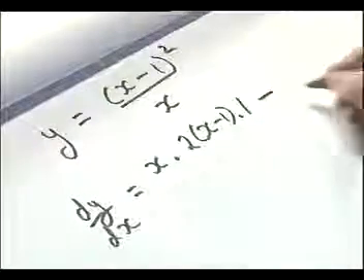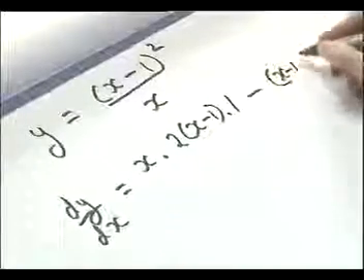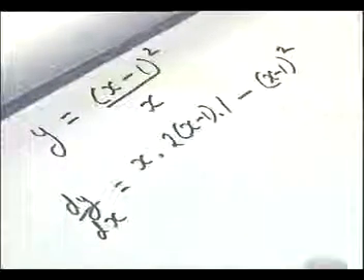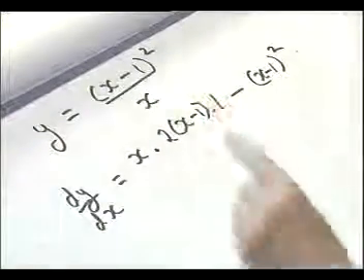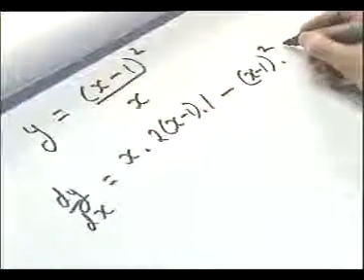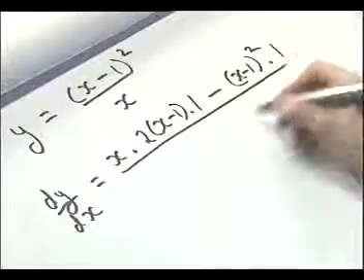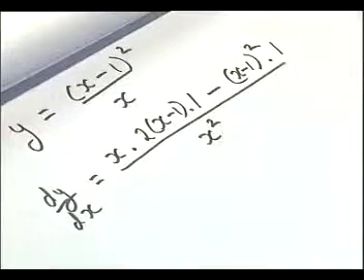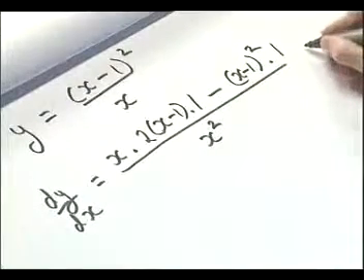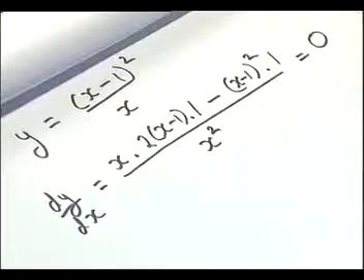And then minus, and we take u, x minus 1 all squared, and we multiply it by the derivative of v, what's on the bottom. And that's the derivative of x, so that's just 1, and then it's all over x squared.